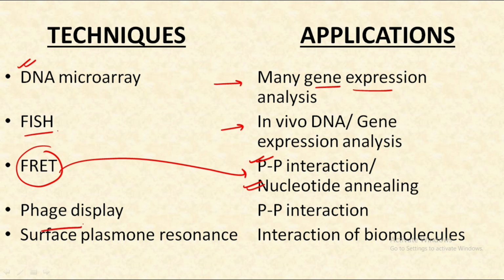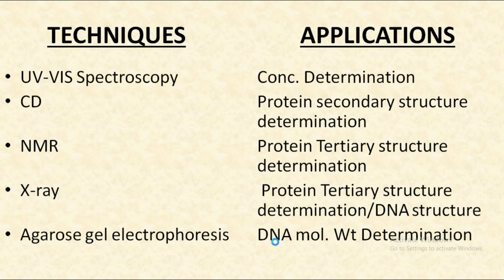Talking about phage display, it is mainly used for protein-protein interaction. So we can say both FRET and phage display are applied for analysis of the same protein-protein interaction. Then we have surface plasmon resonance, which is mainly used for the analysis of interactions of biomolecules.